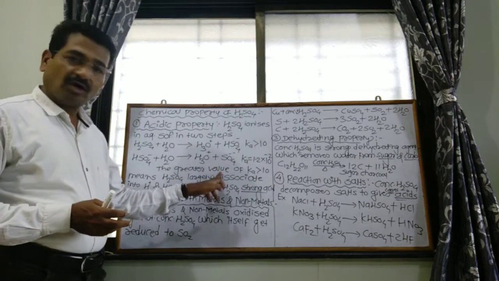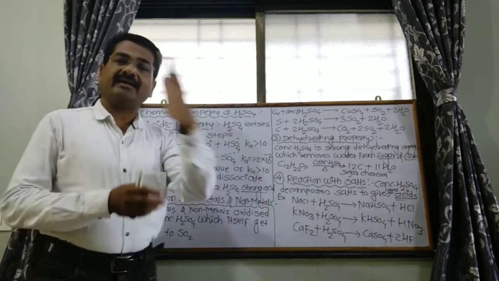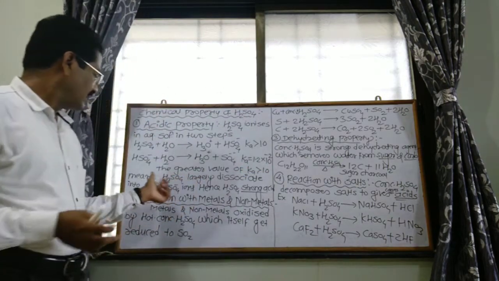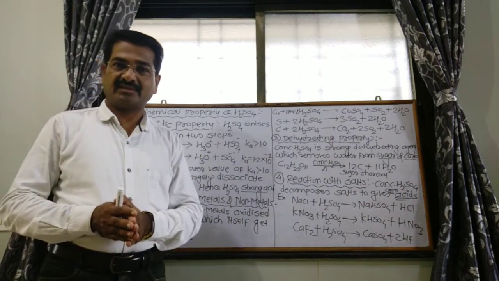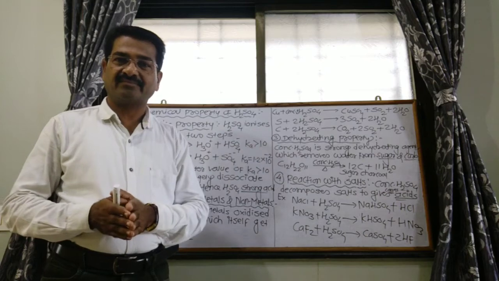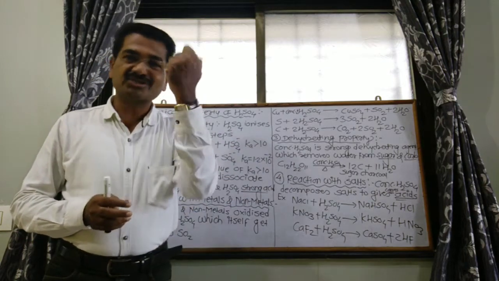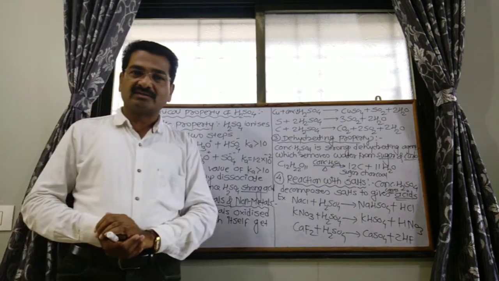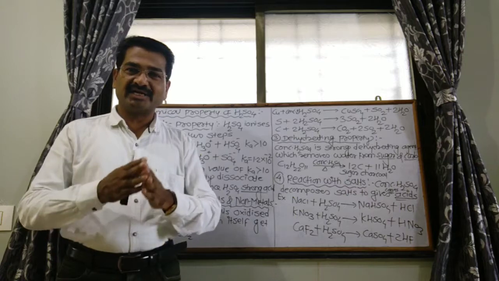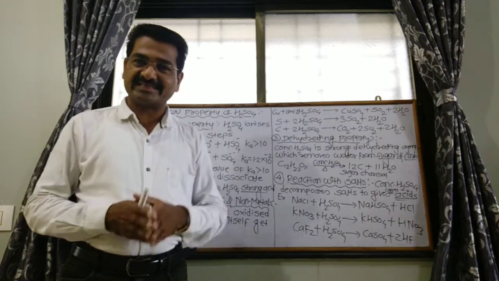A value of the dissociation constant Ka greater than 10 means H2SO4 is largely dissociated, that is, completely dissociated. So it indicates that sulfuric acid is a strong acid. We know from the ionic equilibrium chapter that acids that dissociate completely or largely are strong acids.